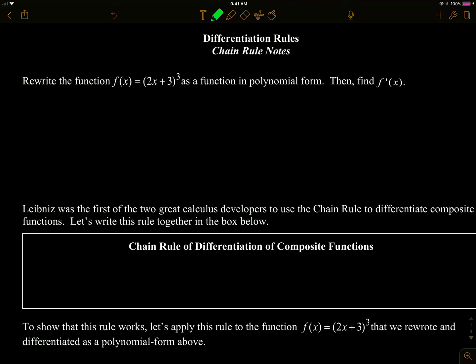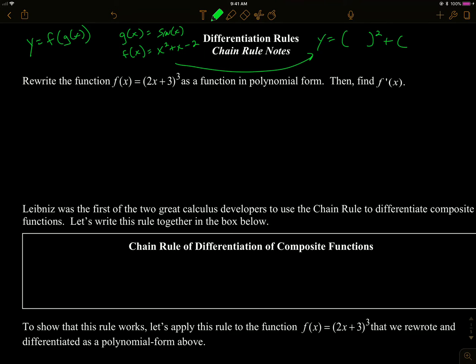So I could say y is defined as f of g of x, where g of x is the function inside of f. So if I said g of x was sine of x and f of x was x squared plus x minus 2, then y would be equal to x squared plus x minus 2, right?